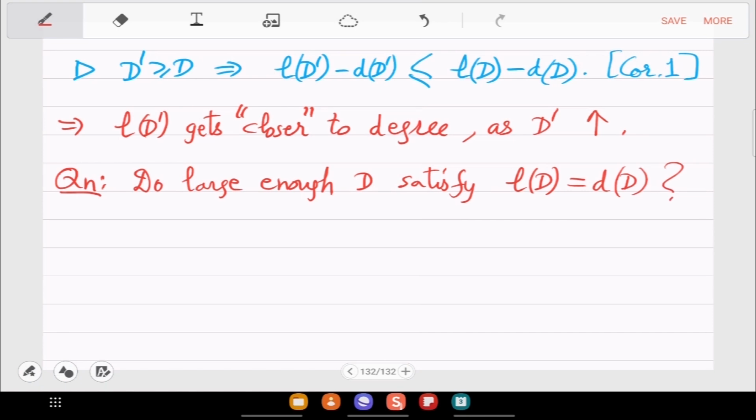Right. So if you take a very big divisor, then in terms of degree, will the L space be exactly equal to the degree?